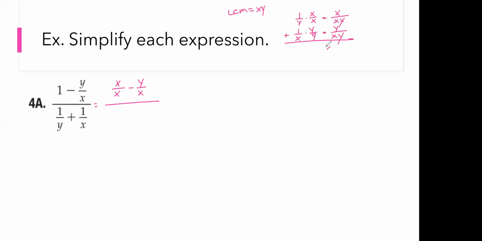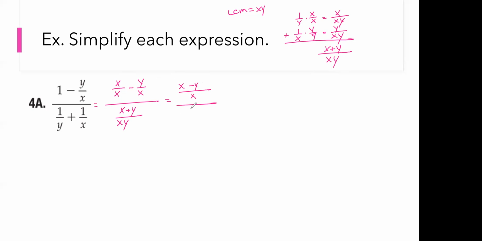x plus y is x plus y, and my denominator stays the same, xy. So that would go down here, x plus y over xy. And then if I subtract it up here, I would get x minus y, and my denominator stays the same, x.